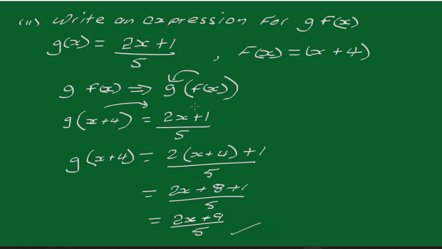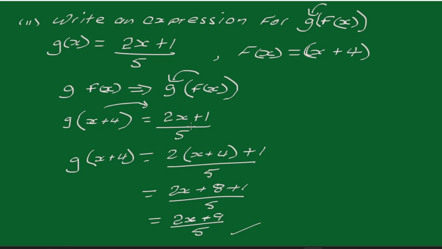So again, to recap, g of f of x means we take the function f of x and input it into the function g. So we went ahead and did that because the function f of x equals x plus 4. So we replace f of x with x plus 4 because that is the meaning of f of x. F of x means x plus 4. And it is this we're going to input in the function g.